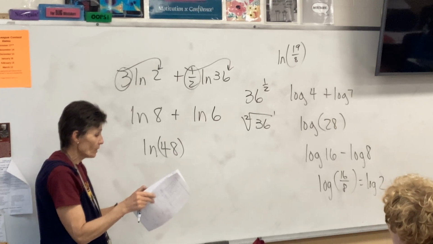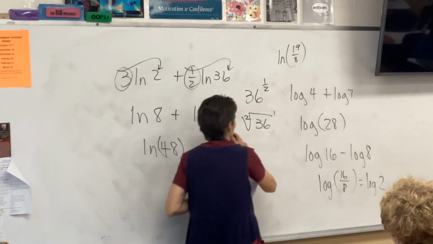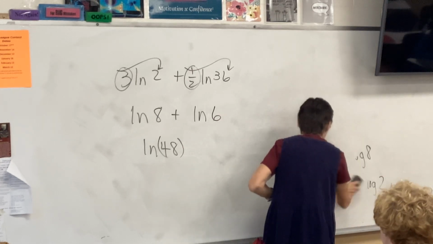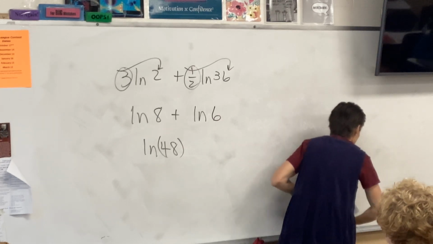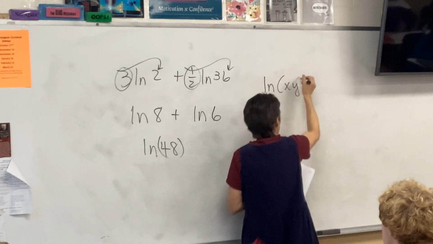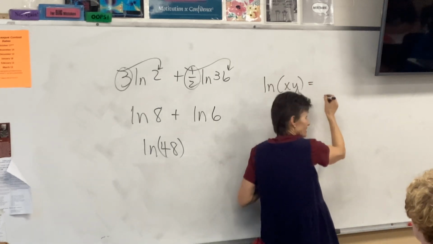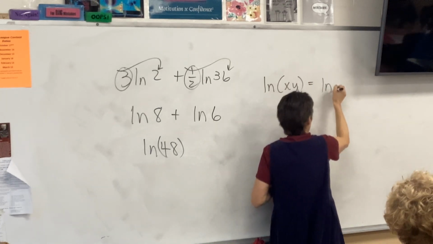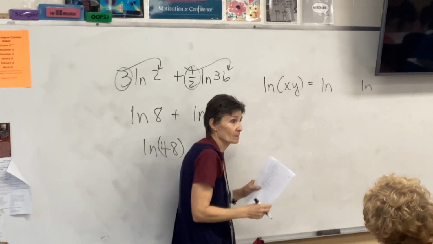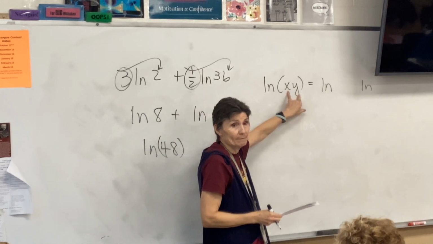Now, look at part 2. Part 2 is exactly the opposite. You are now going to take these things apart. So you have ln xy, and you are going to expand it. So it's going to be an ln and an ln. Now, what's happening with the x and the y?